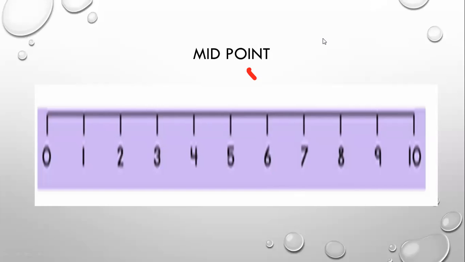As you can see, boys, 5 is our midpoint, because when you count from 0 to 4, it is 5 numbers. When you count from 6 to 10, it is 5 numbers. So 5 is our midpoint number, or you can say the middle number.